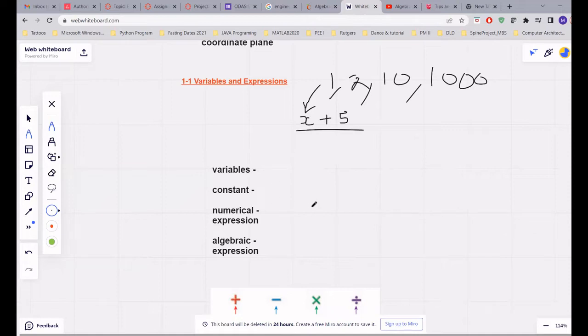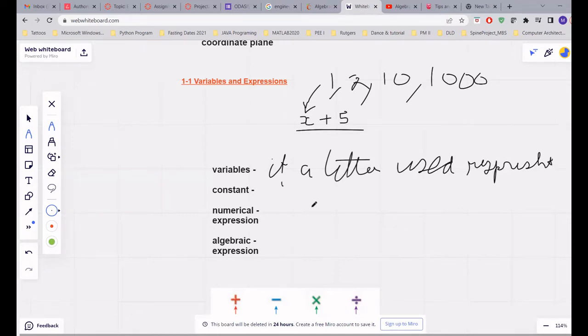So it is a letter used to represent a value.